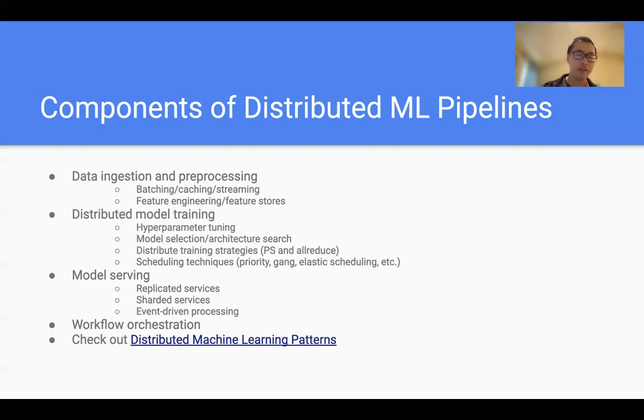And last but not least, there's workflow orchestration that's required to chain all the steps together into a complete end-to-end distributed machine learning pipeline. Also check out the Distributed Machine Learning Patterns book that I mentioned. It includes many of the patterns we will talk about in this presentation as well.